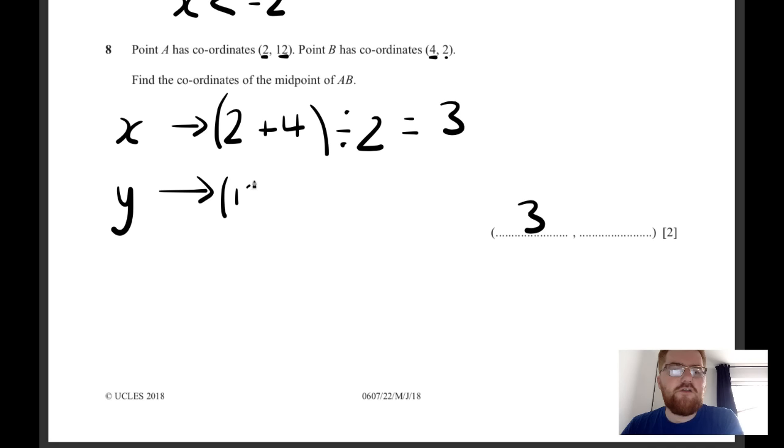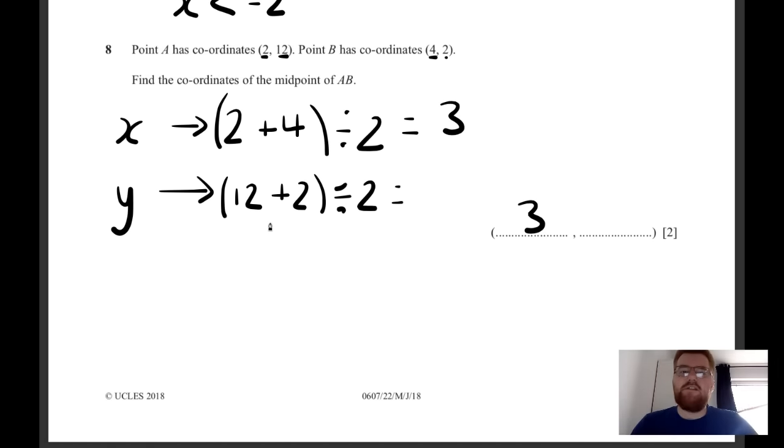So we do 12 plus 2, and then we divide by 2. Same process. So 12 plus 2 is 14. 14 divided by 2 is 7. And we get the second coordinate, 3, 7, for our 2 marks.